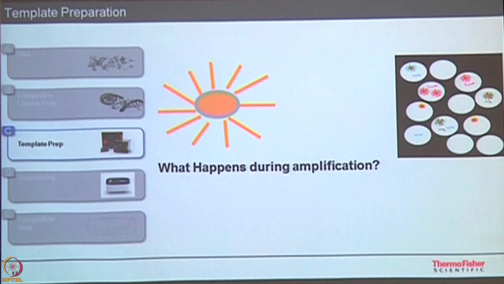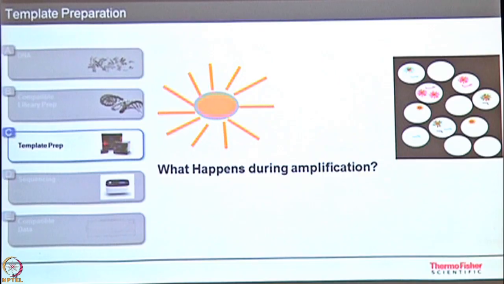When these emulsions are being created, you are making water droplets which are surrounded by oil, and you are trying to amplify these library molecules. When this emulsion is being created, this is a random distribution of these ion spheres with the library molecule and enough PCR components for it to amplify this library molecule onto this ion sphere. So what is happening is, a library molecule comes, it gets denatured and it sits on that sequence which is complementary to the P1 adapter, and then it goes ahead and extends.